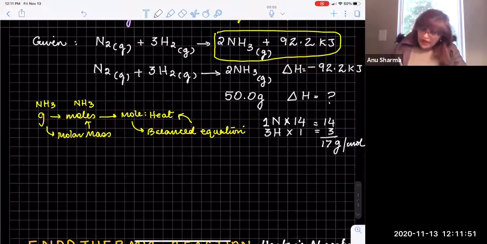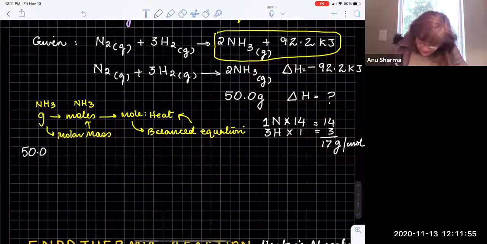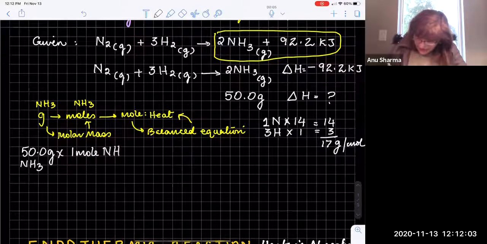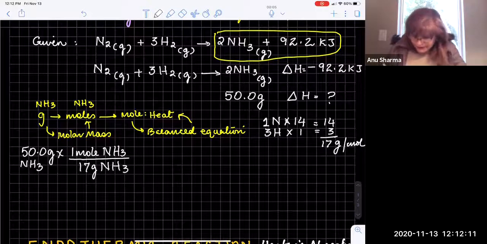So now 50.0 grams NH3, ammonia, times 1 mole of ammonia over 17 grams of NH3. The first step converts grams to moles, but let's continue further.